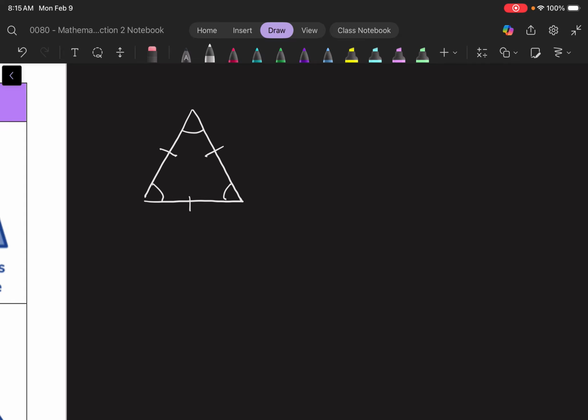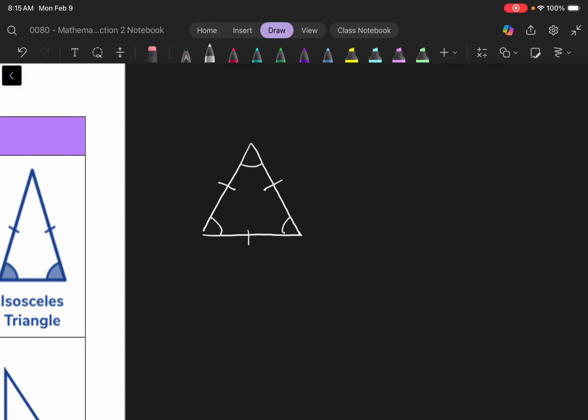Now, I don't know the measure of this angle yet. I've told you it was 60, but let's pretend we have no clue what it is. And when we don't know something, we usually identify it with some unknown variable. So I'm going to use this little x to indicate the size of this unknown angle. Now, the thing I do know is that all three angles are congruent.